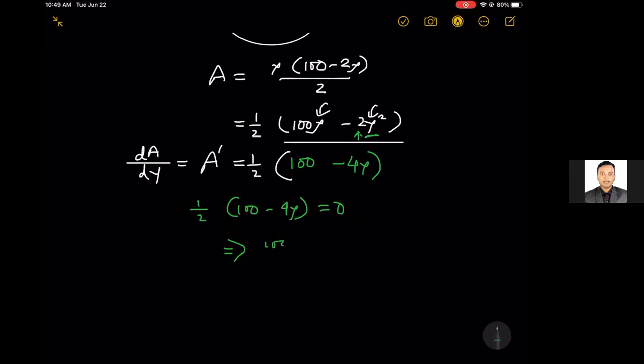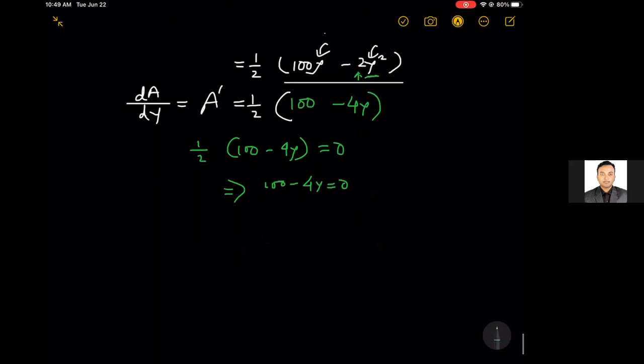It's 100 minus 4y equals 0. So 4y will be 100, so y will be 25.